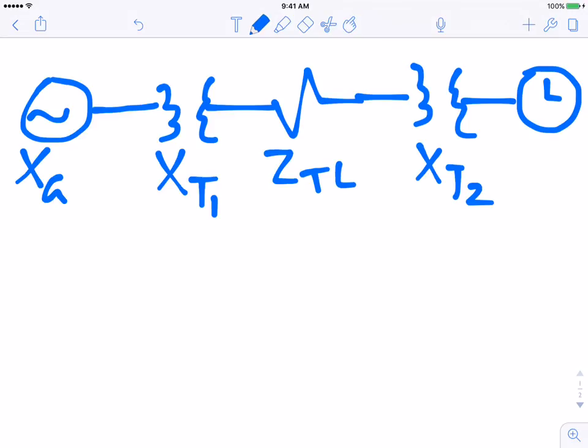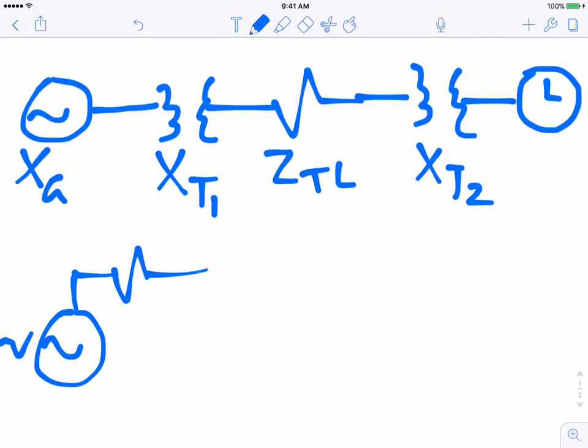And you also have to be mindful of the sources that you have. In this case, we have one source, and we'll just call it V. And then this source has some impedance, so we'll call that ZG.